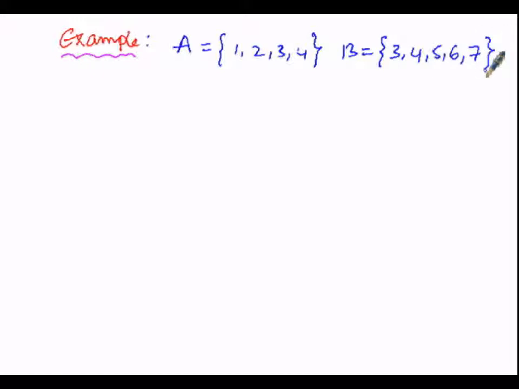Here we have to find A union B, or in other words, the union of the two sets A as well as B. So the solution starts now.